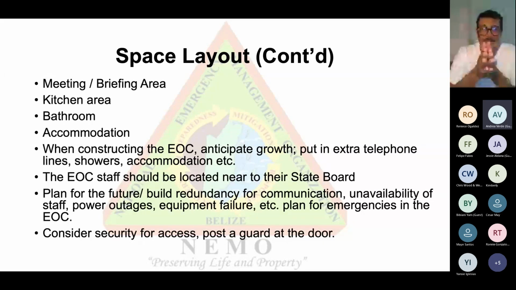Even if the media come, they just don't have free rein of your EOC. We don't hide anything, but there's a media room or a briefing area that the media will have access to when we have a scheduled, planned briefing, right?